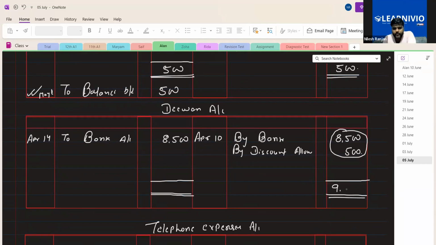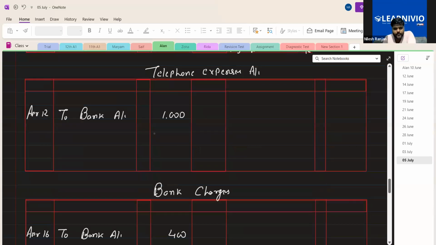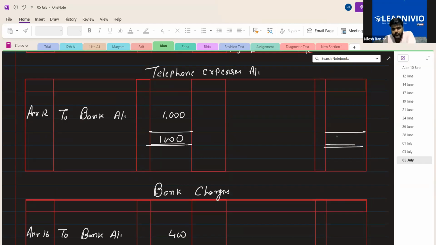The credit side total is 9,000, and the debit side also 9,000. Then 500 balance carried down, and then on May 1st we have balance brought down. Do you understand this part?